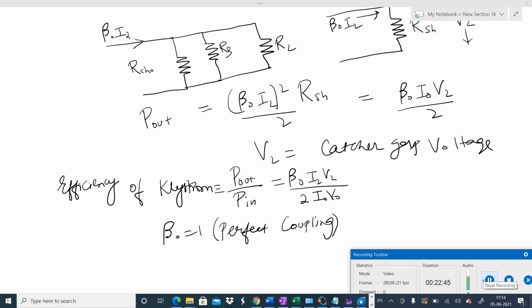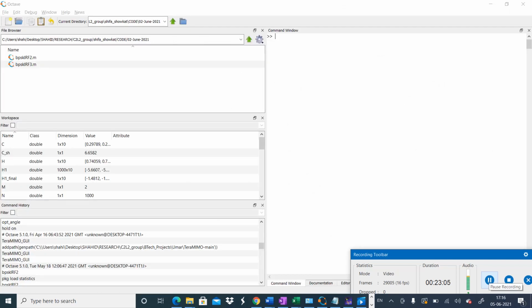So your efficiency, let me call it eta, will be I2 V2 divided by twice I naught V naught. Further, the maximum beam current will have a certain value. I again use Octave to show you what that value will be.